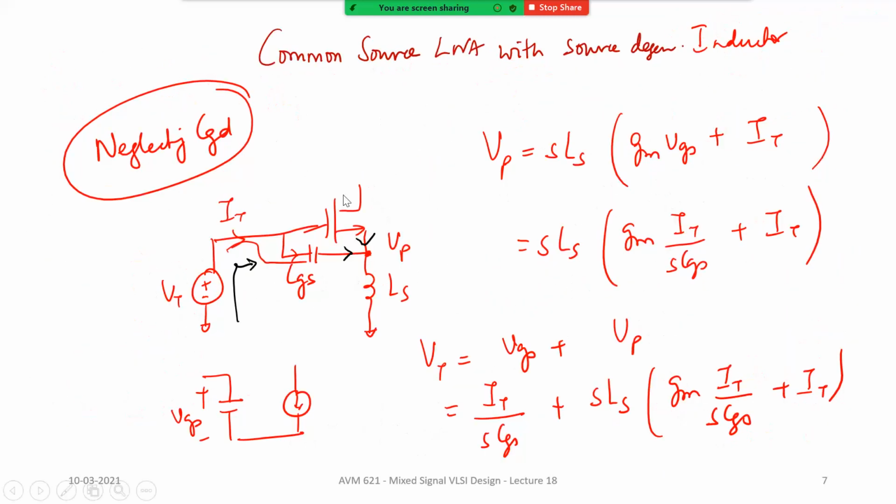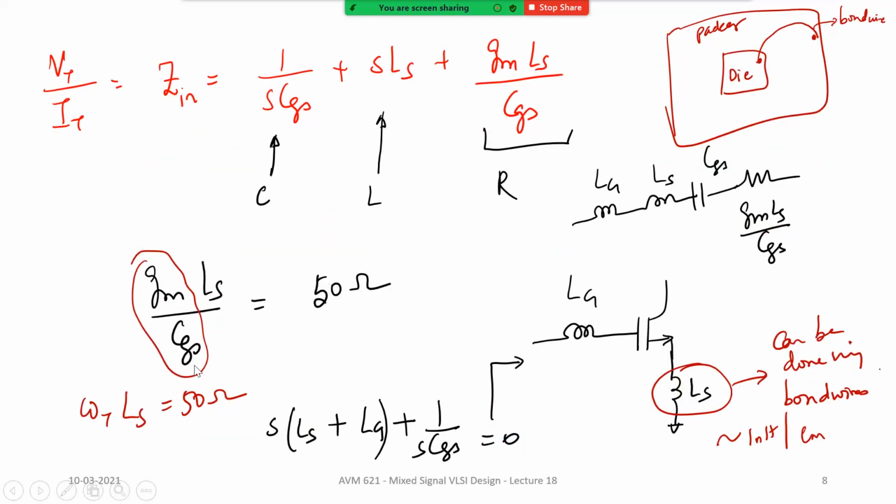We saw a common source stage with a degenerative inductor. First and foremost, we looked at the input impedance and we saw that we are able to synthesize a 50 ohm impedance without an explicit resistor.